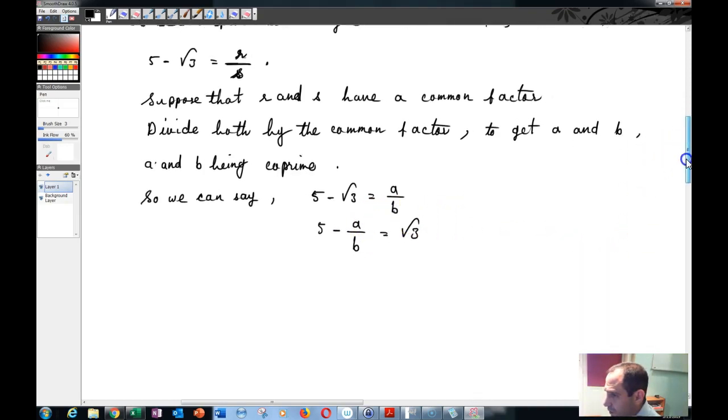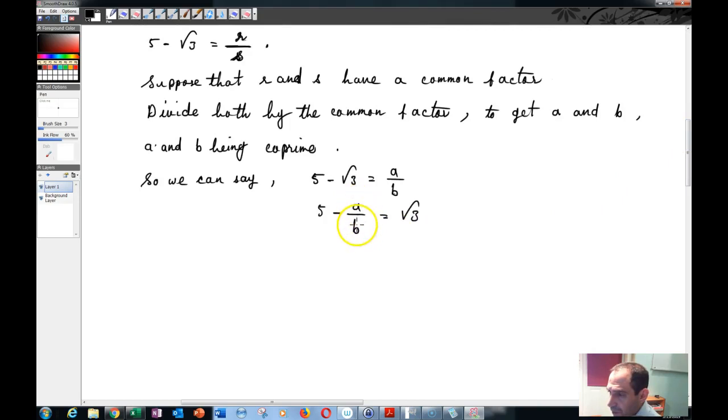Now what this means is that if you add these together, you'll get 5b minus a over b, which is equal to square root of 3. As you can see, a and b belong to the set of integers. They were two integers, and b was not equal to 0. So 5b minus a is some integer, and you divide it by b.